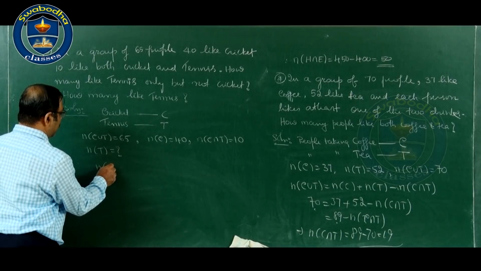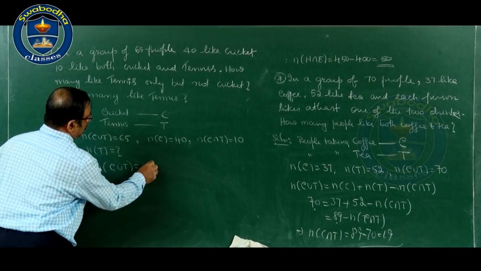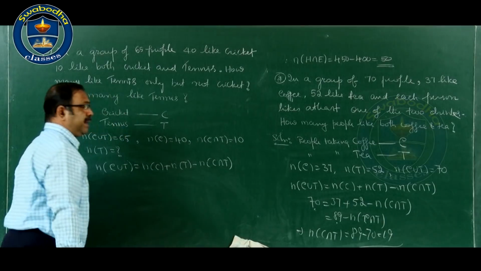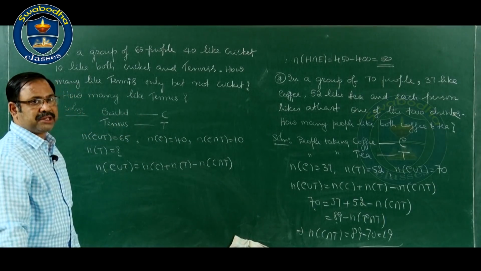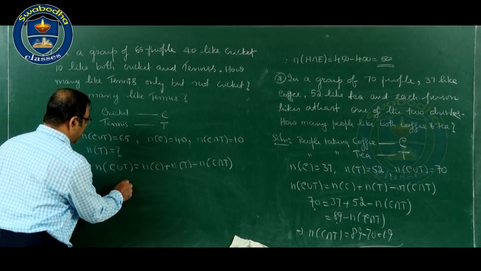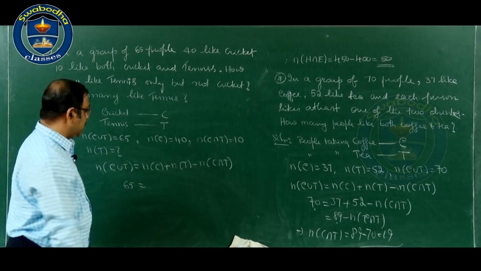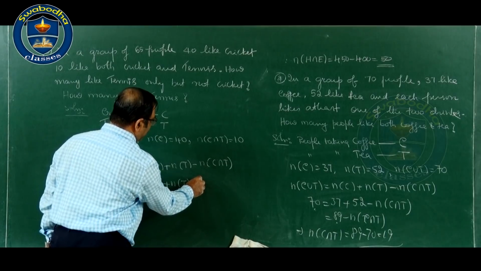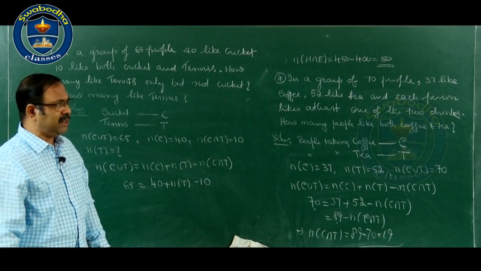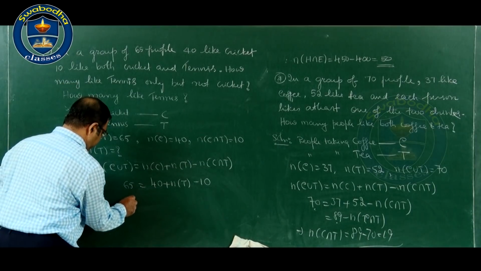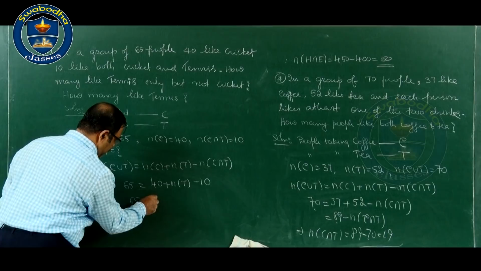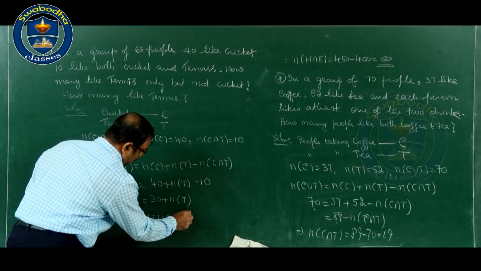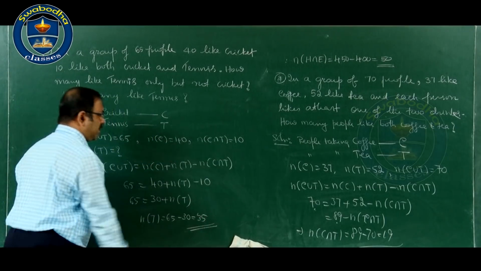See, N of C union T, N of C, N of T, N of C intersection T. Now C union T is 65, N of C is 40, N of T is not known, N of C intersection T is 10. Now 65, 40 minus 10 is 30, so N of T is 65 minus 30, which is 35.